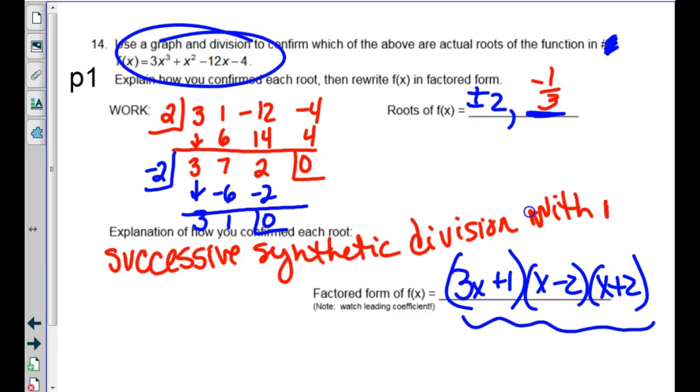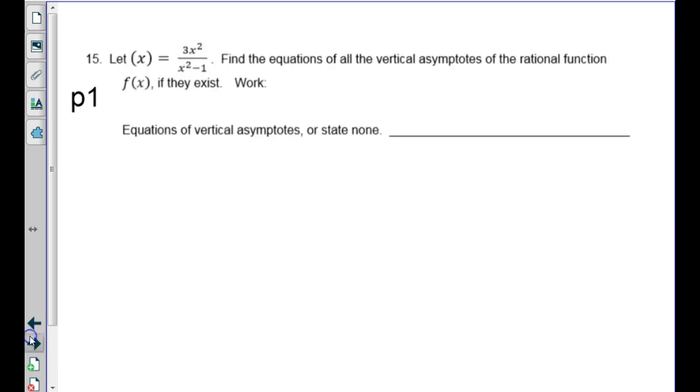Yeah, with no remainder. If you just say successive or synthetic division, I'll be fine. I don't remember if that's the one where I got some funny answers because people couldn't remember the right words for it. It's fine.